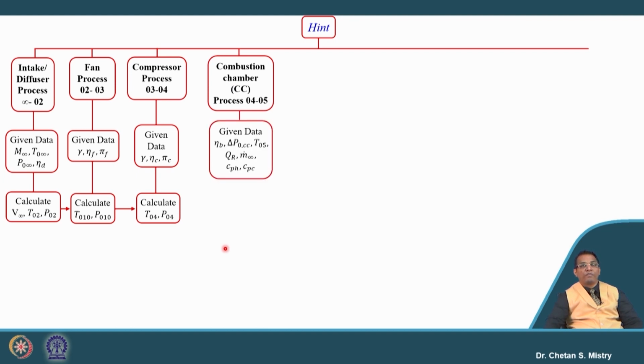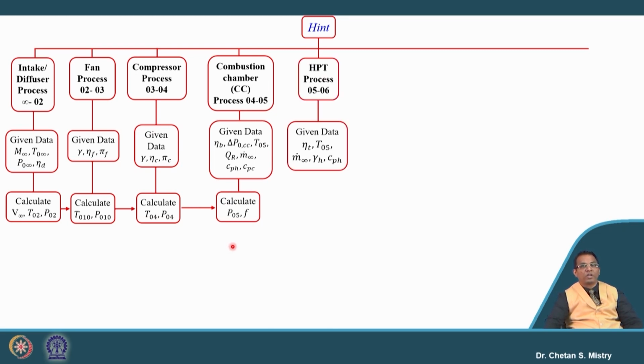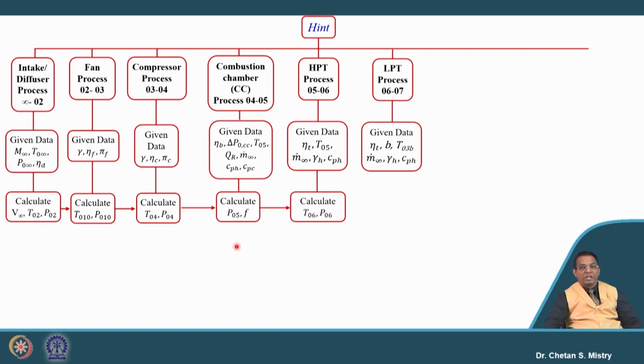The component we have next is our combustion chamber, for which we will calculate our fuel air ratio. We have our HP turbine and our LP turbine. For both cases, we have the bleed, which is given to us, so we need to take care in calculating the pressure and temperature for both the HP turbine as well as the LP turbine.